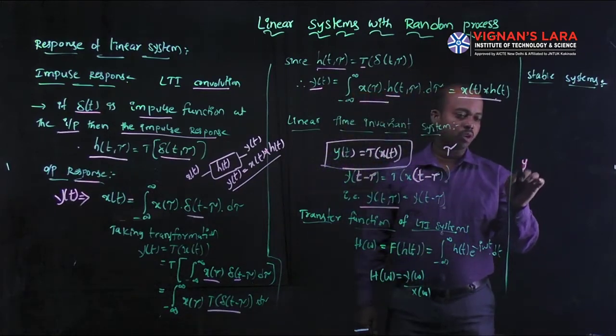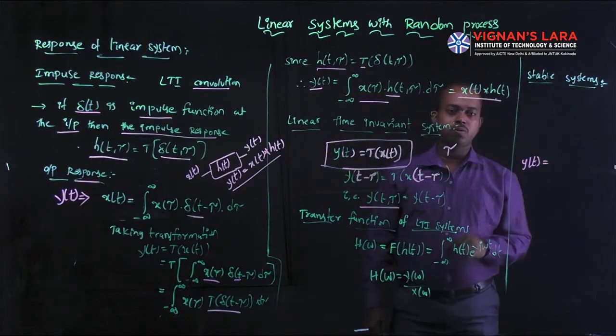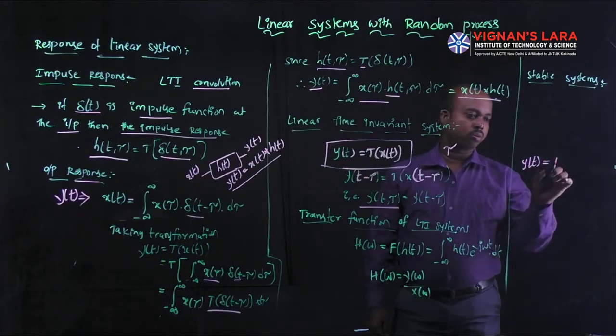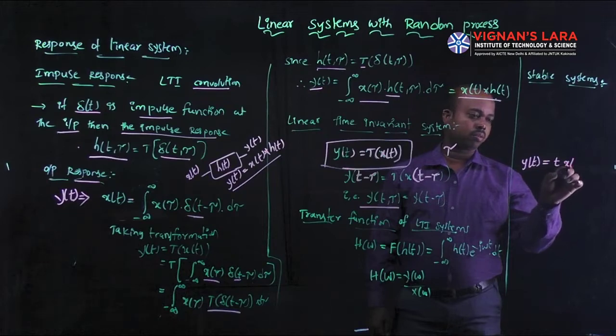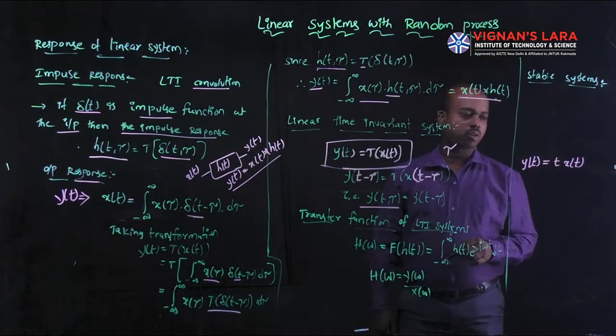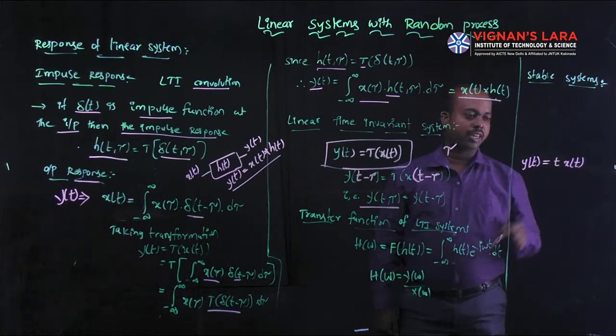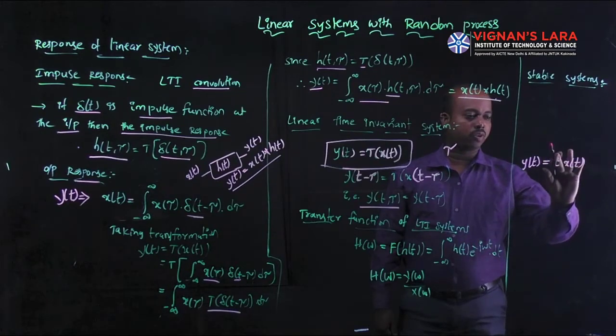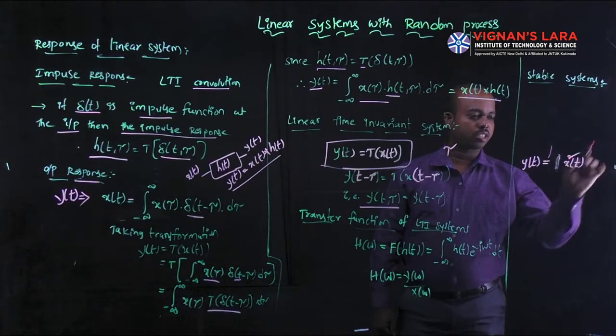Suppose you are given one system, y of t is equal to T of x of t. Otherwise, we can take y of t is equal to x square of t.